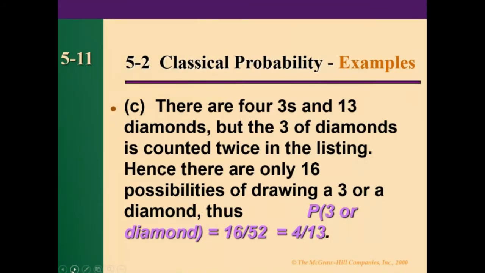So 13 na diamond and then yung other threes, 3 na heart, 3 na club, 3 na spade, di ba? So 3 plus 13 is 16. Kaya siya 16 over 52 kasi 52 yung standard deck of cards. Over 4 over 13 pag nilowest term. Okay? So class, sa standard deck of cards, wag yung isasama yung dalawang joker.